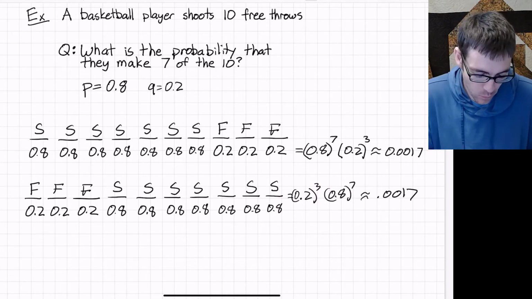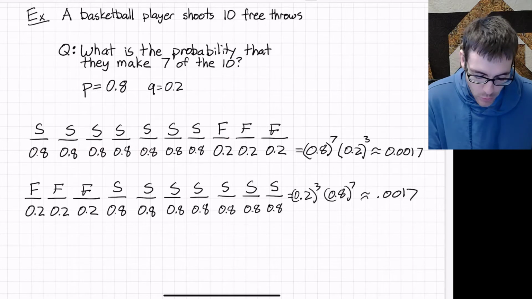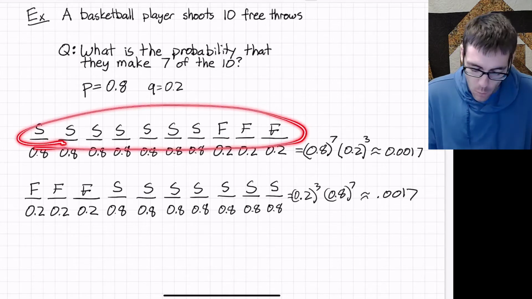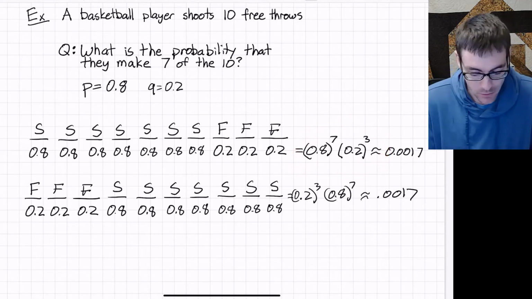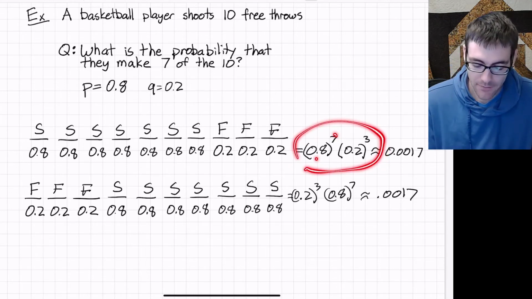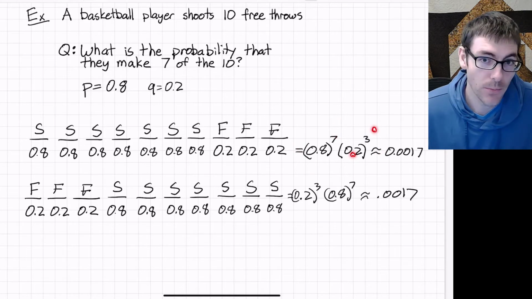Right? No matter what order we do it in, when we multiply together all of these pieces, we're going to get the same answer. We're always going to have 0.8 to the 7 times 0.2 cubed.